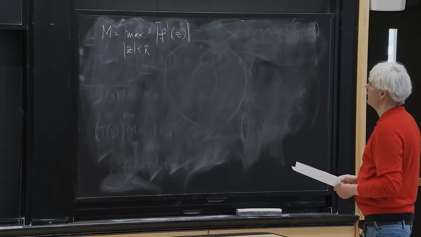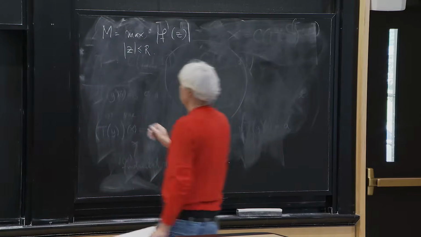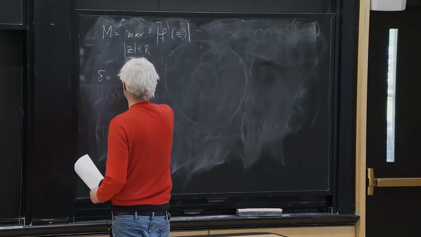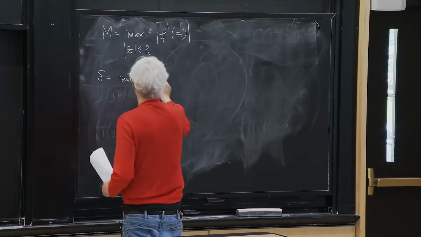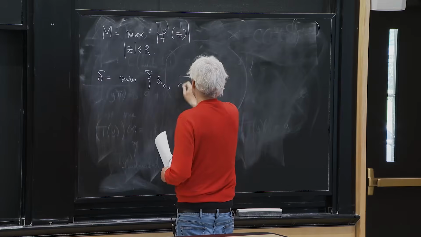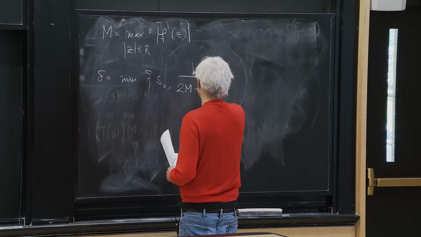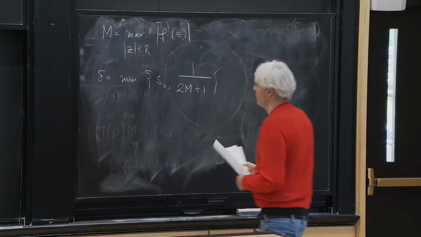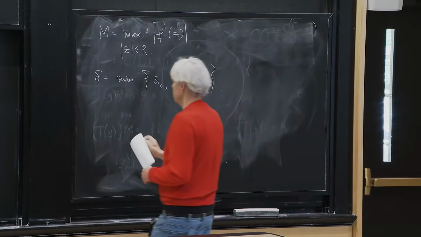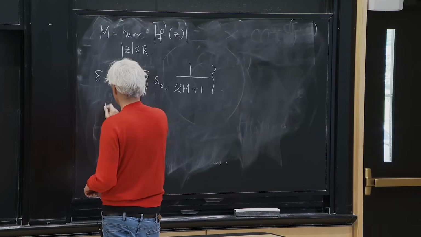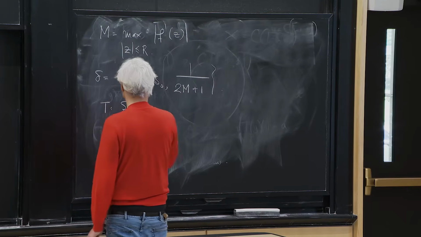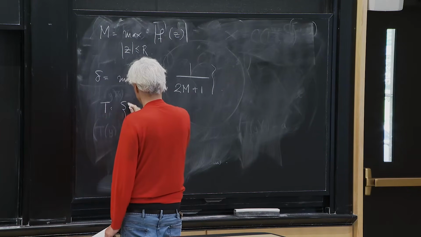Okay, so I define it like this, and then I define delta here. So delta is now going to be the minimum of delta 0, the one from before, and 1 over 2m plus 1. And now I want to look at the space. So I want to look at T, and then T is going to be a map from the continuous functions.